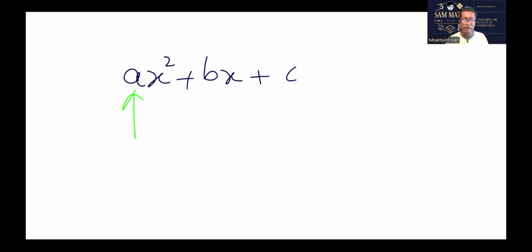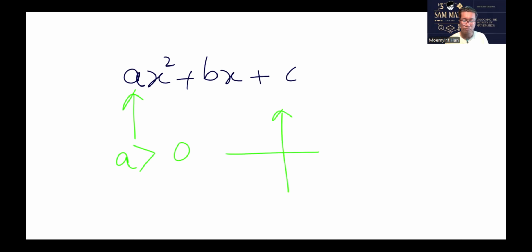If a is bigger than 0, it cannot equal 0. I have talked about that. A will never become 0. If a becomes 0, the equation becomes linear. So if a is positive, the graph turns out upward, something like this.